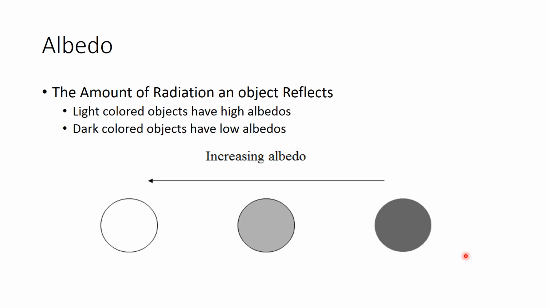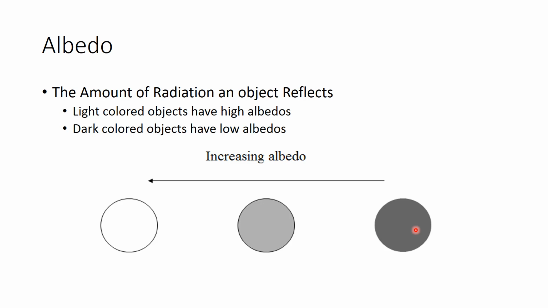And the albedo basically tells us how much radiation an object reflects. Light-colored objects reflect most of the radiation that hit them. On the other hand, dark-colored objects absorb most of the radiation that hit them. They don't reflect it. And this is actually just an interesting application.